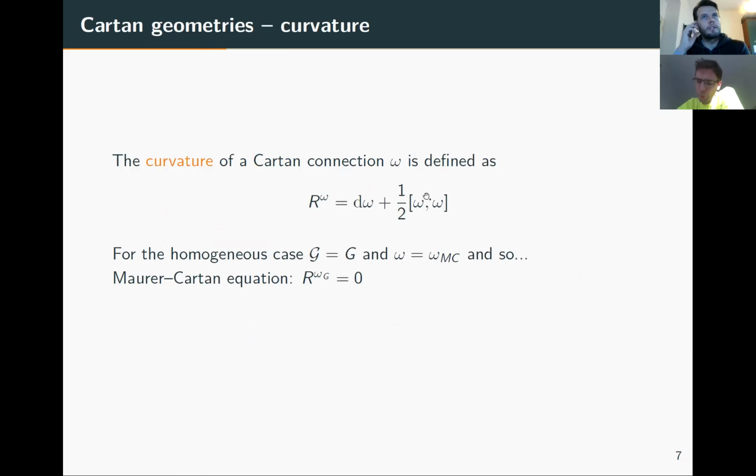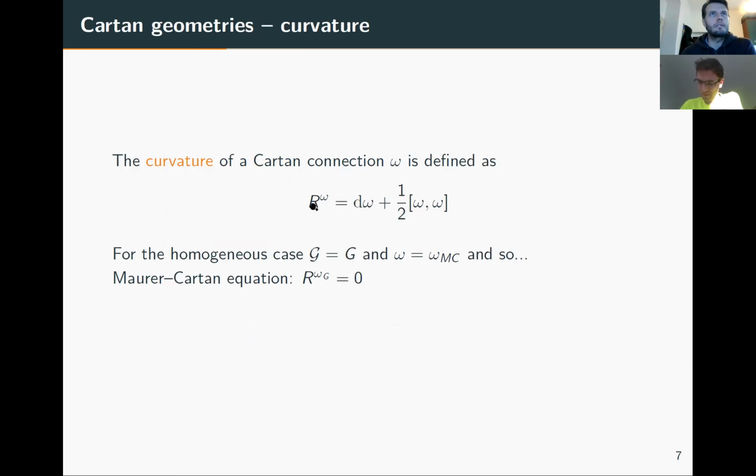Then you can define curvature just as you would by the Maurer-Cartan equation. For the homogeneous case, there is this famous Maurer-Cartan equation that says that the expression d omega plus 1/2 of the bracket of omega with itself is 0, and in general there is no reason for it to be 0.